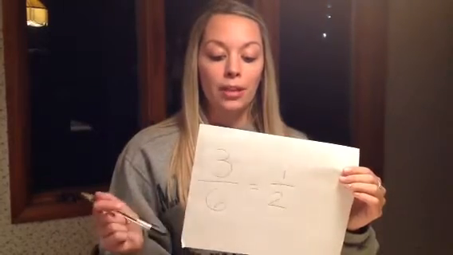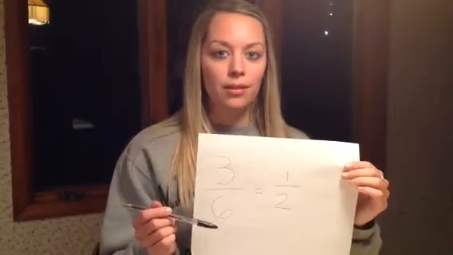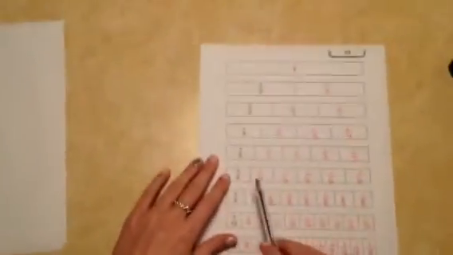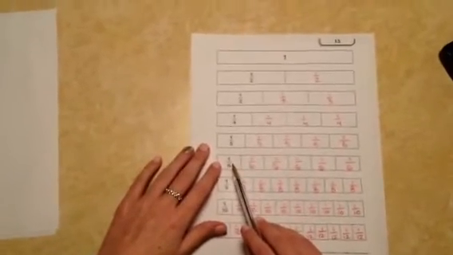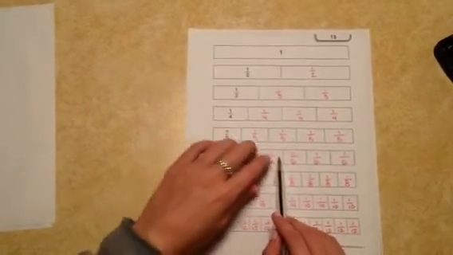So when they're trickier ones, you're going to use your fraction strips. So let's use this example on my fraction strips so I show you what I mean. Okay. So let's say we had our 3/6. So I'm going to count out 3/6. So 1, 2, 3.